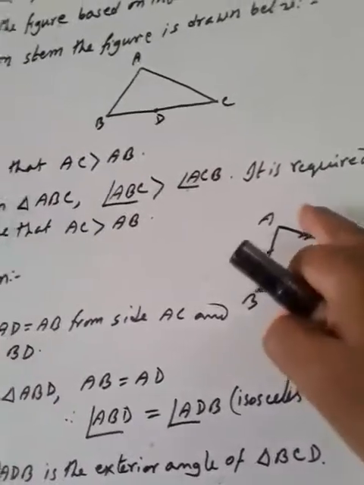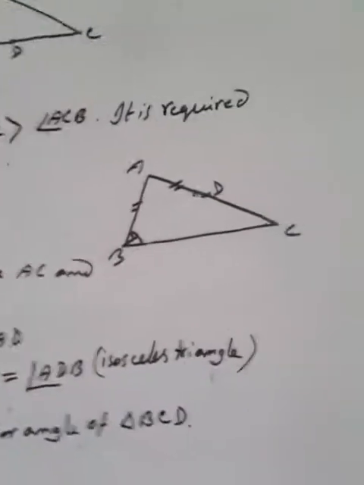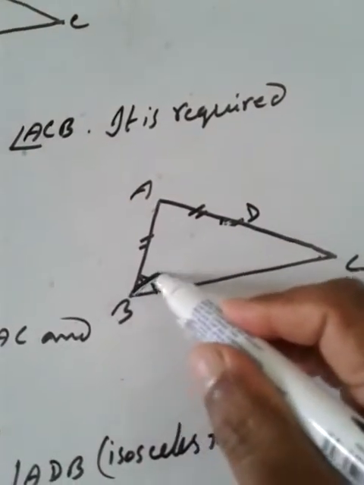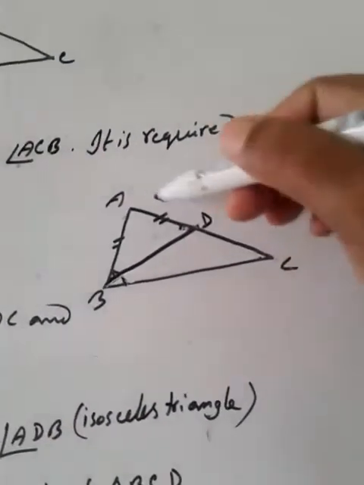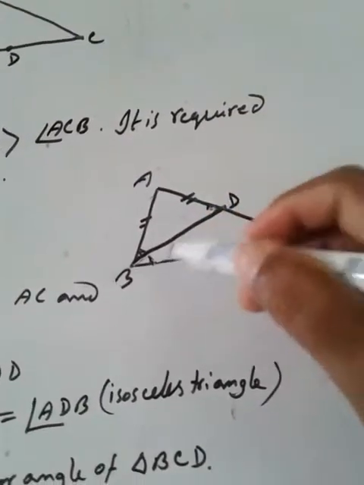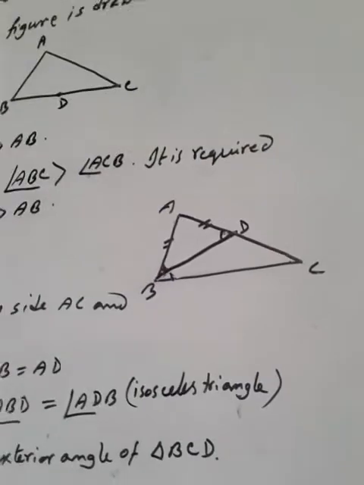First we have to cut AD equal to AB from AC and join BD. Now in triangle ABD, AD equals AB, therefore this angle equals this angle, isosceles triangle.